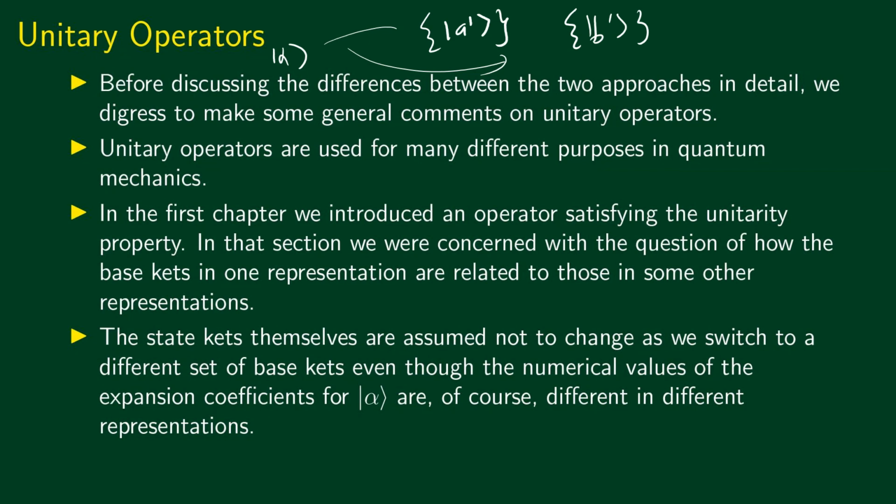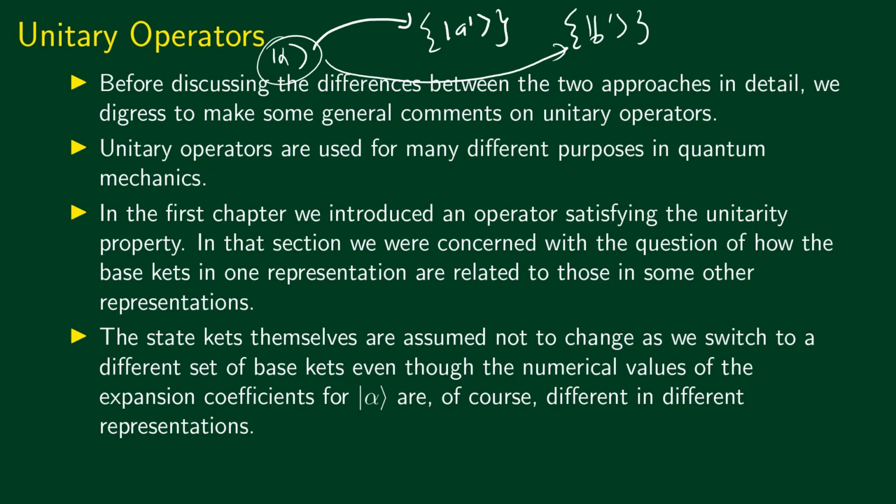And then we ask the question as to how are these different representations related. For example, you can represent the same state in this basis or in a different basis. We would be using different column matrices to represent the same state ket. Now, how are these different representations related?